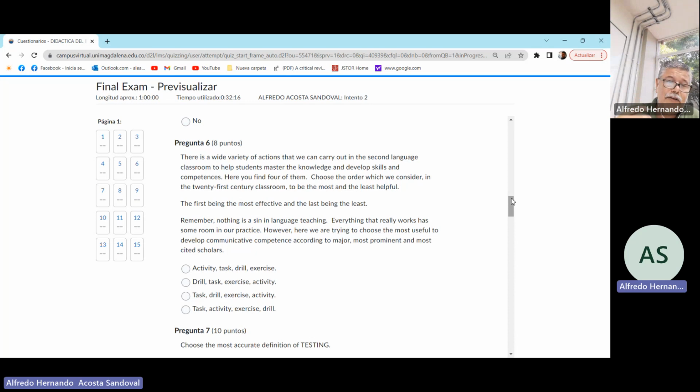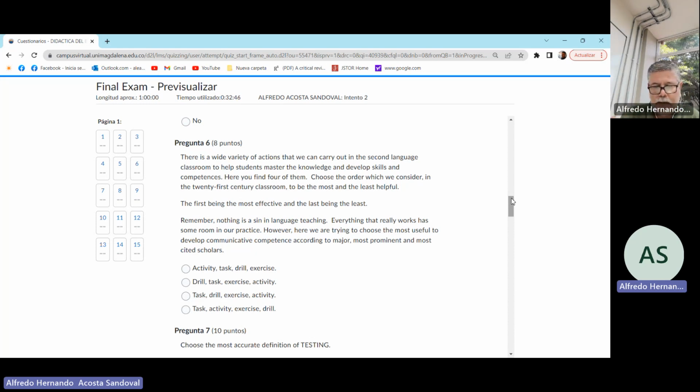And I also included the expression 21st century classroom. So we are talking about the techniques that we use in the 21st century to develop these competences. And the answer was task, activity, exercise, and drill.